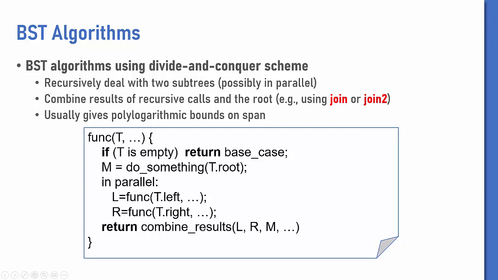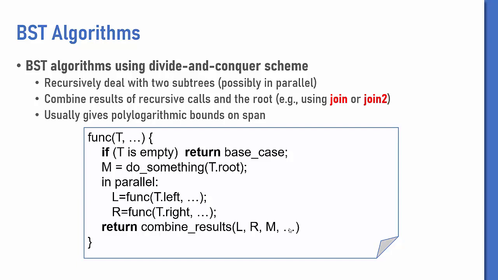Finally, we can combine the results in L, R, and M. This is to combine the results from the recursive calls and the data in the root. This sometimes can be done using a join or join two. So in this case, we can design many tree algorithms that are work efficient, and usually this gives polylogarithmic bounds on span.